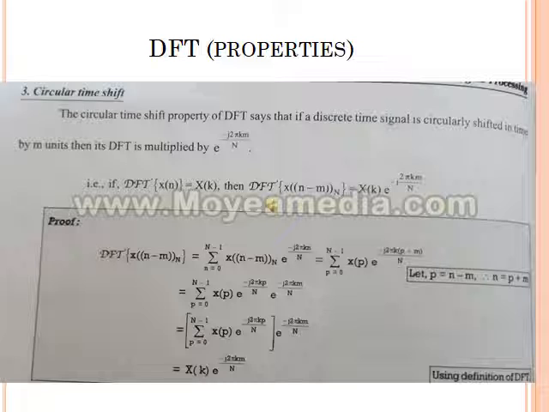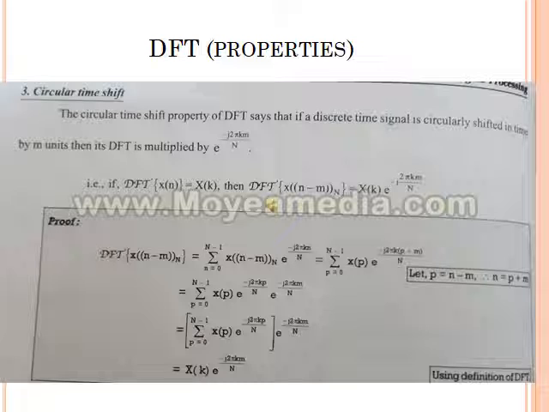So the number of points will not change, it will remain N. That is why in both the cases we are taking it from n equal to 0 to N minus 1 in the previous case, and now that we have made the substitution, it becomes summation p equal to 0 to capital N minus 1 x of p e raised to the power minus j 2 pi kp by N into e raised to the power minus j 2 pi km by capital N.